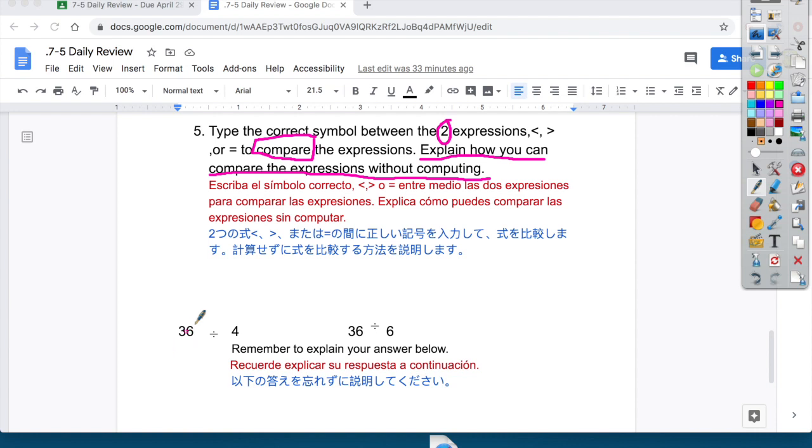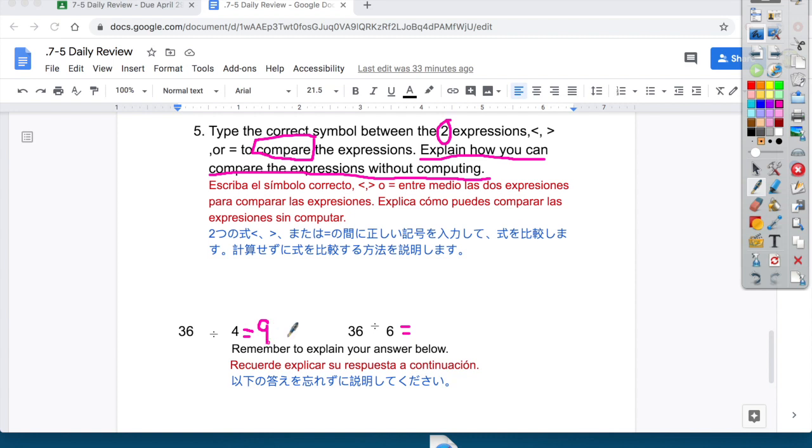Okay, so the numbers that we are looking at are these numbers. We're not making any numbers up. We're using the numbers that I've provided. I just left you a space so that you could do any work that you needed to do. So you're going to solve the problem first in order to figure out how to answer it. So 36 divided by 4 is what?